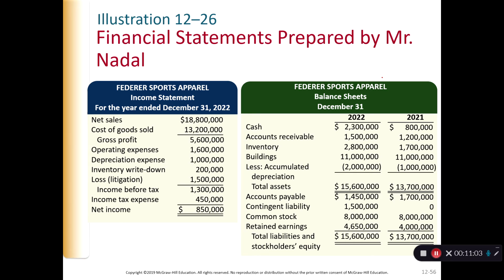So let's look at this. There's a financial statement of Federal Sports Apparel prepared by Mr. Nadal, and he prepared this balance sheet. I want you to remember two numbers: one is the net income, and one is the 2022 total equity and total assets reported by Mr. Nadal. Nadal says that the income statement of this sports company shows about $850,000, and the balance sheet shows total assets of about $15 million.